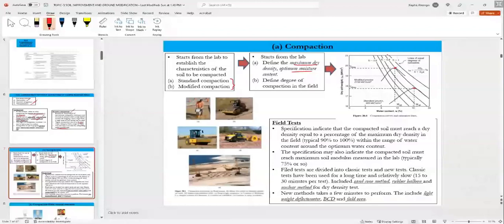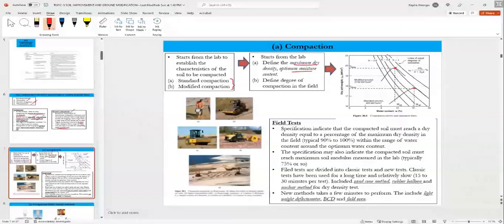We use modified compaction in places where we anticipate very high loading, like when we compact subgrade for an airport runway, or sometimes for roadway. But if I don't anticipate any heavy loading, I will not use modified. I'll use standard compaction. So the difference is the compaction energy.